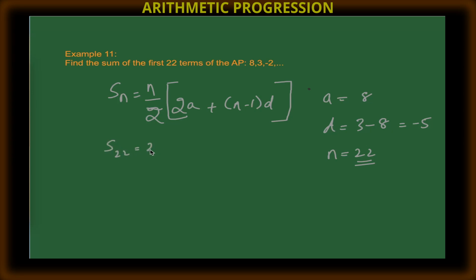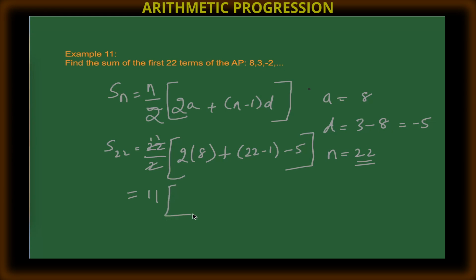S22 is equal to 22 divided by 2 into 2 times a, which is 8, plus n, we know n is 22, minus 1, and d is minus 5. So here 2 11s are 22, so 11, you have 2 8s, 16 plus 21 into minus 5.